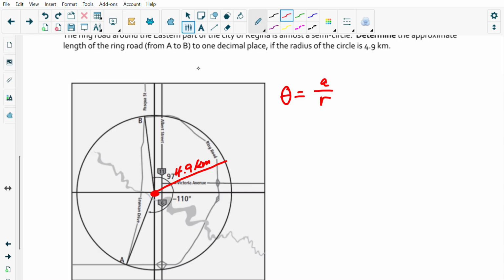On the eastern part, so this is the ring road. Ring roads are awesome, aren't they? The eastern part of the ring road, so I'm talking this part right here, roughly. It's roughly a semicircle. What is the length of the road? So we're looking for arc length.